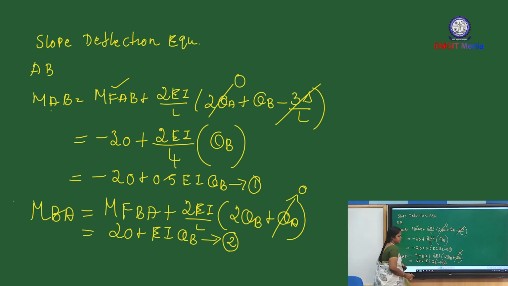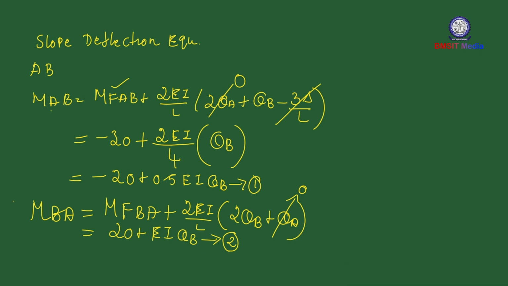So this is for one span. For one span, we can write 2 equations. Now coming to the second span, that is BC. For BC also, we can write 2 equations, one at B and another at C. So MBC means final end moment at B of the member BC.